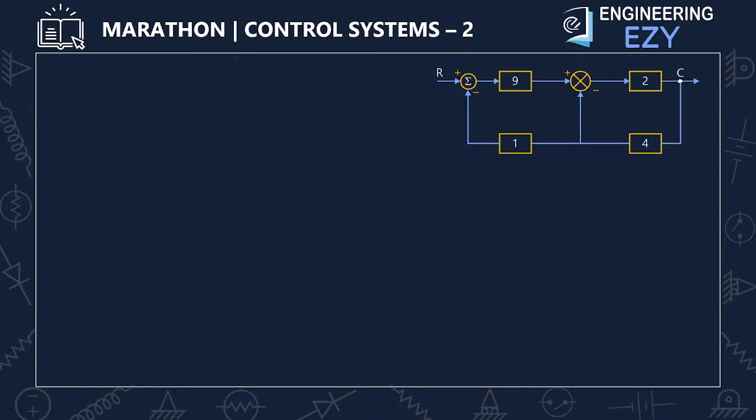There is a feedback from the C point, and at this point there is a feedback of 4, and here is also a feedback of 4, because if it is C, C times 4 is 4C, and it is also 4C. Means if it is the C signal, it is 4C.